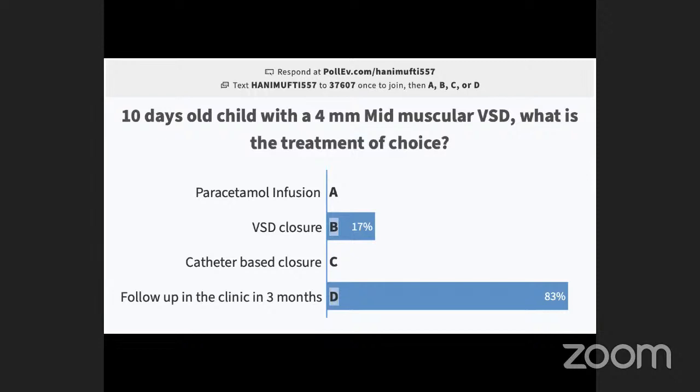Okay, so a 10 days old child with a 4 mm mid-muscular VSD, what's the treatment of choice? Some people said VSD closure, and some said follow up in clinic in 3 months. 83% of you are correct. The right answer is D. Why?